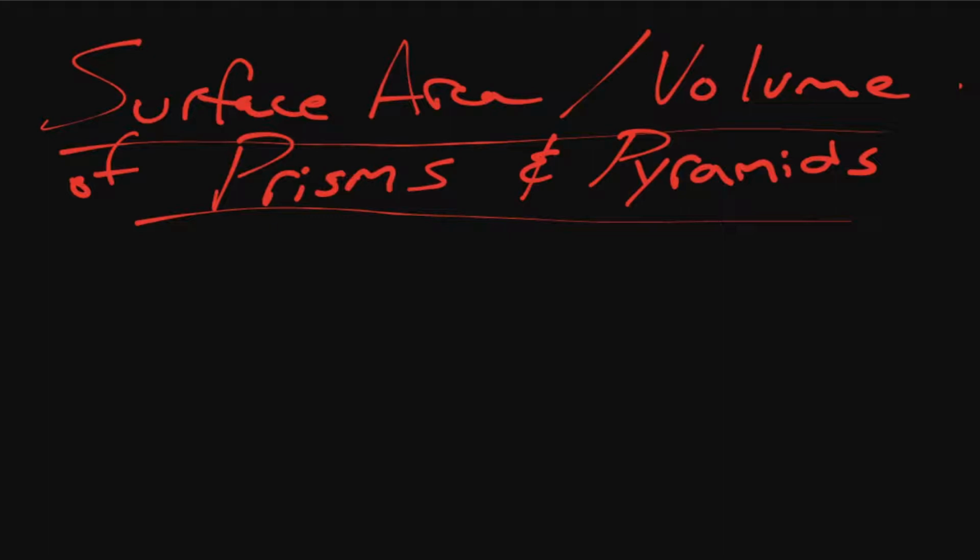A pyramid can also have a triangle for a base or a hexagon. But yeah, let's see that in this video we're going to mainly focus on surface area and volume of pyramids per se.